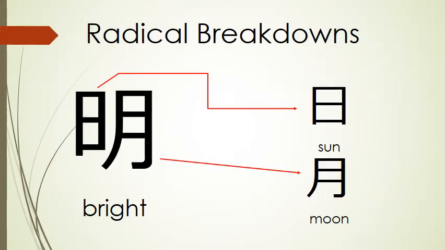So let's briefly take a look at some simple kanji that are made up of multiple radicals and see how those radicals break down. First up, we've got our kanji for bright, and this is made up of two radicals, the radical for sun and the radical for moon.